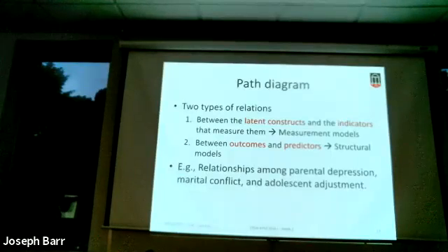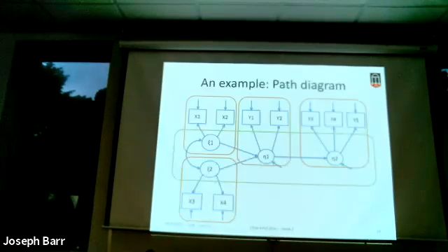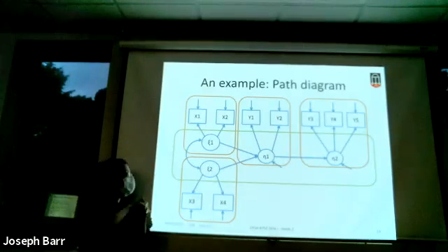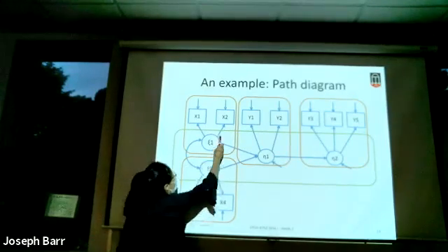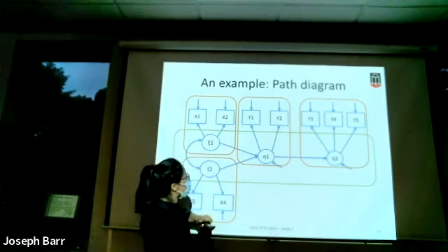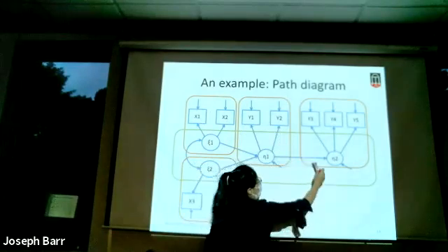So in the path diagram, you can see this type of diagram. It tells us two types of relationships. We have some circles, we have some squares.